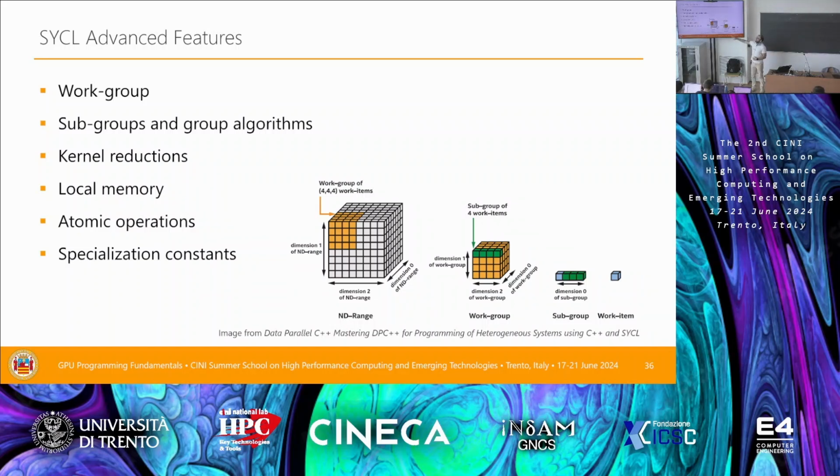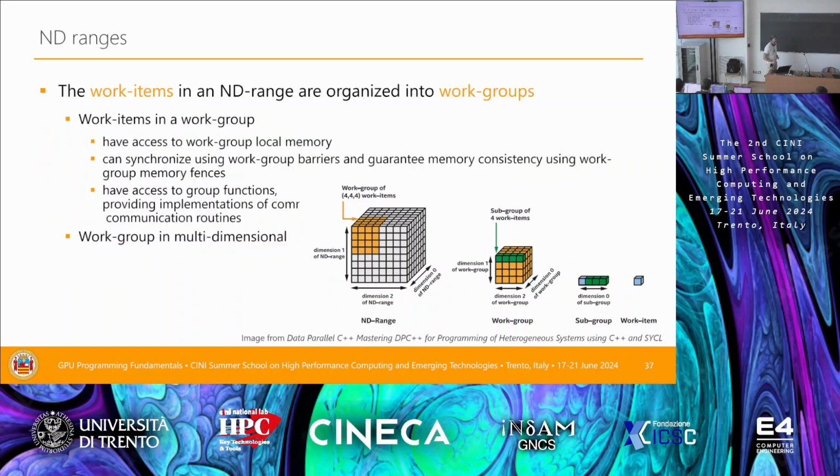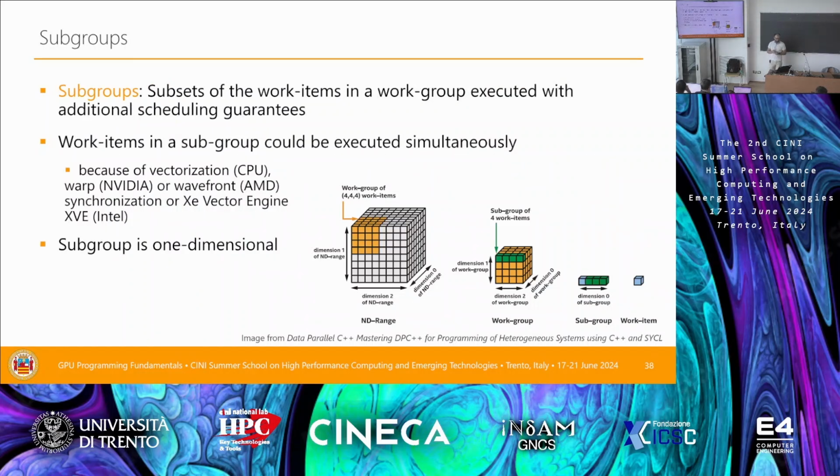So in this advanced part, we will see how to use the workgroup, subgroup, group algorithms, and so forth. I will cover all of this except for specialization constants. Let's say I will cover the major points for performance here. As I told you, we have work items and we have workgroups, repeating a little here.